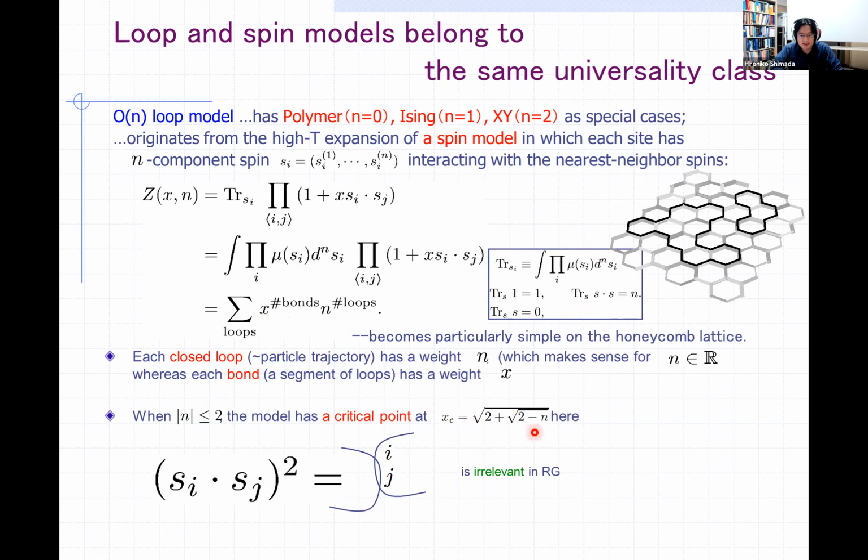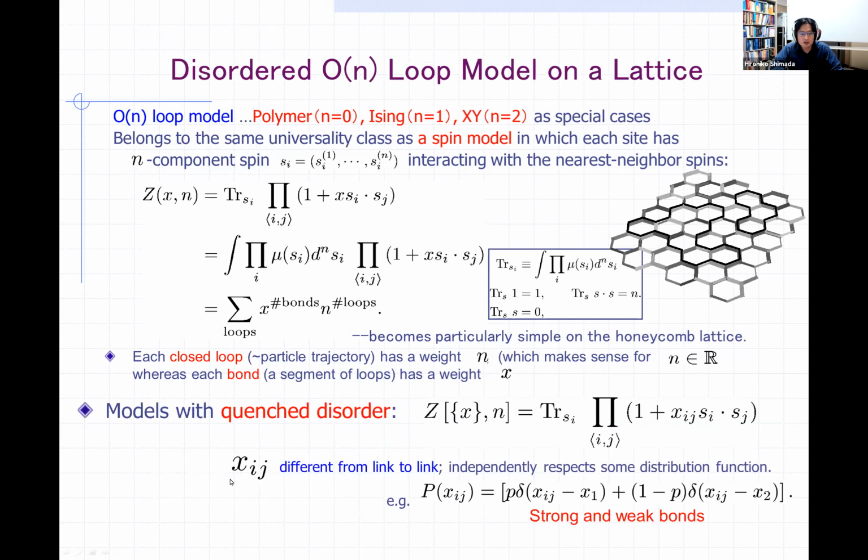Around this critical point, the operator S_i·S_j squared is irrelevant in energy. So it's critical. And it is also true that this linearized action is the same as the exponential action, because these operators are irrelevant.